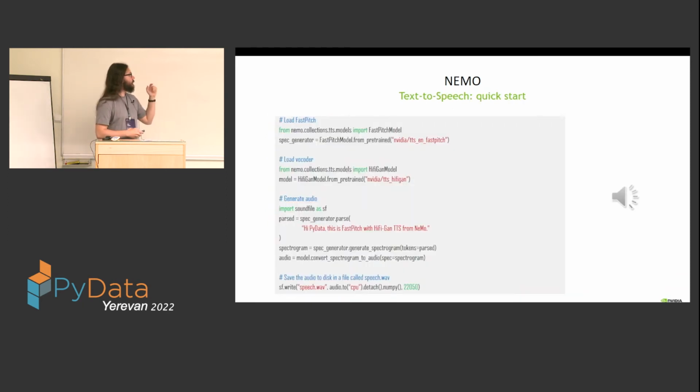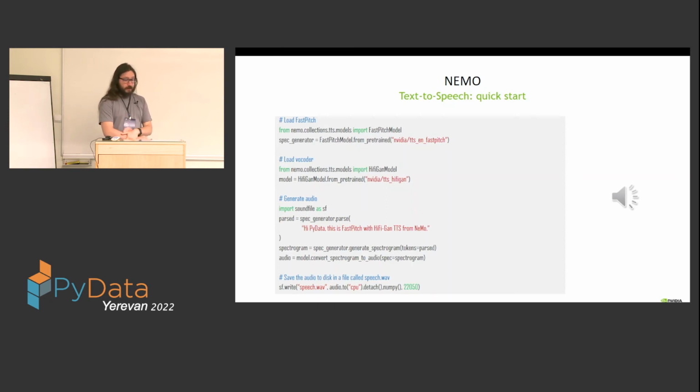This is how it looks to start with speech synthesis. A bit more lines of code than for ASR, but still, we have two models here, one for generating spectrum and one for transforming this spectrum into actual audio, spectrum generator and vocoder, respectively.